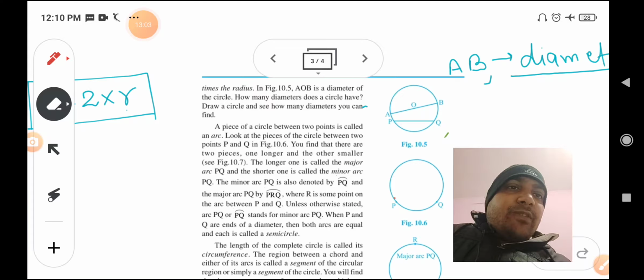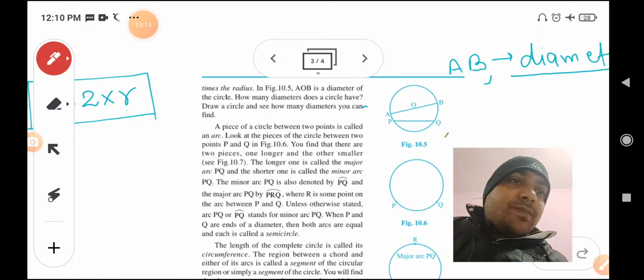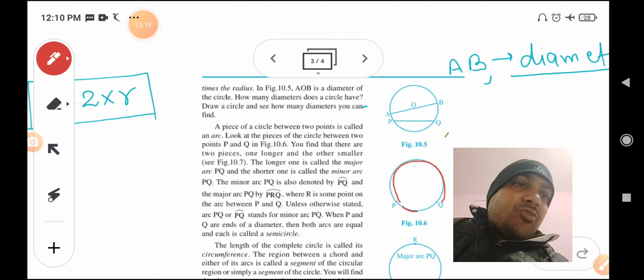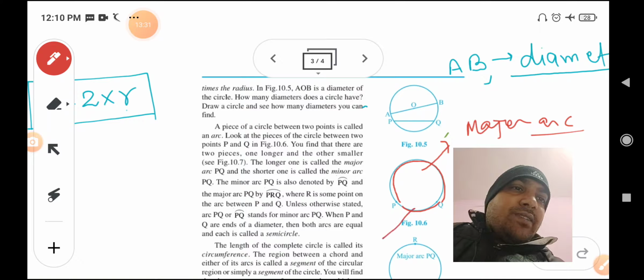Look at the piece of the circle between 2 points P and Q in figure 10.6. You find that there are two pieces, one longer and other smaller. See here, this one is longer piece, and this one is smaller. So the longer piece is known as major arc, and the smaller is known as the minor arc, right?